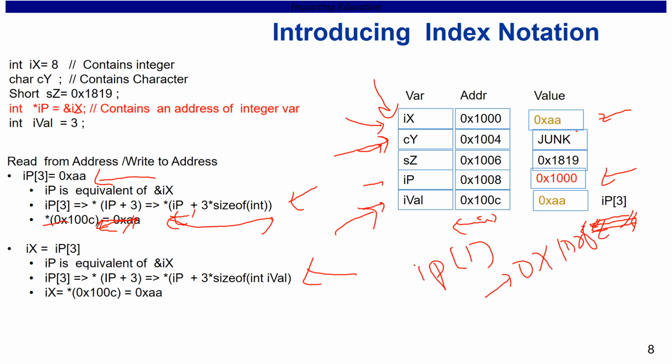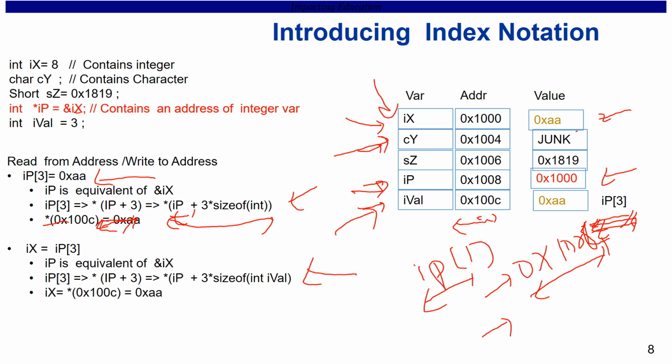IP of 1 is access to the integer variable that is beginning at address 1004. It's as though there is an integer variable residing there, and IP of 1 will access that integer variable.